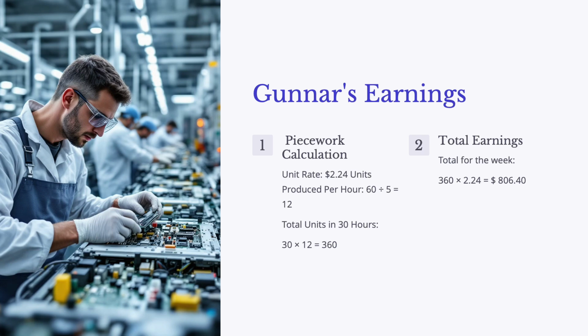His total earnings are calculated by multiplying 360 by 2.24, resulting in $806.40. Piecework pay requires us to track units produced and apply the rate accurately to get the total earning.